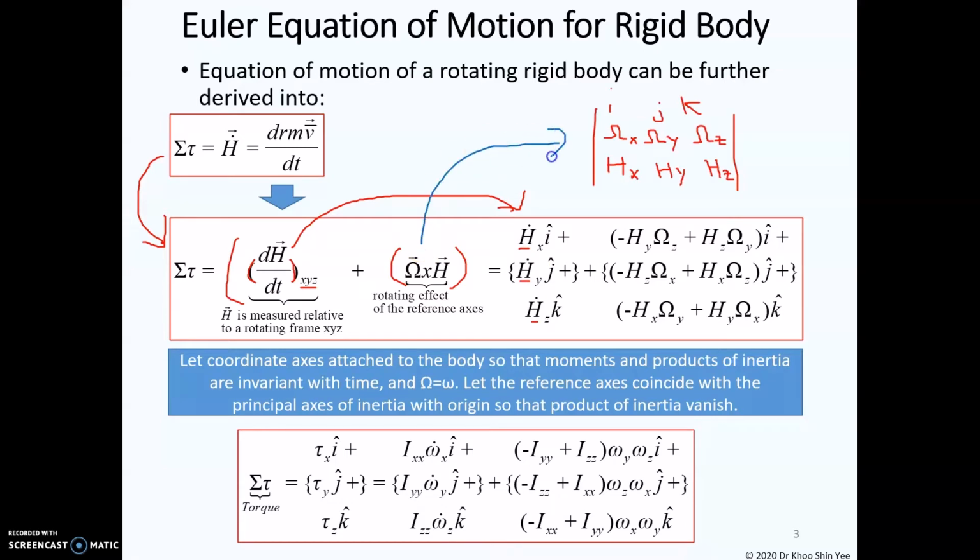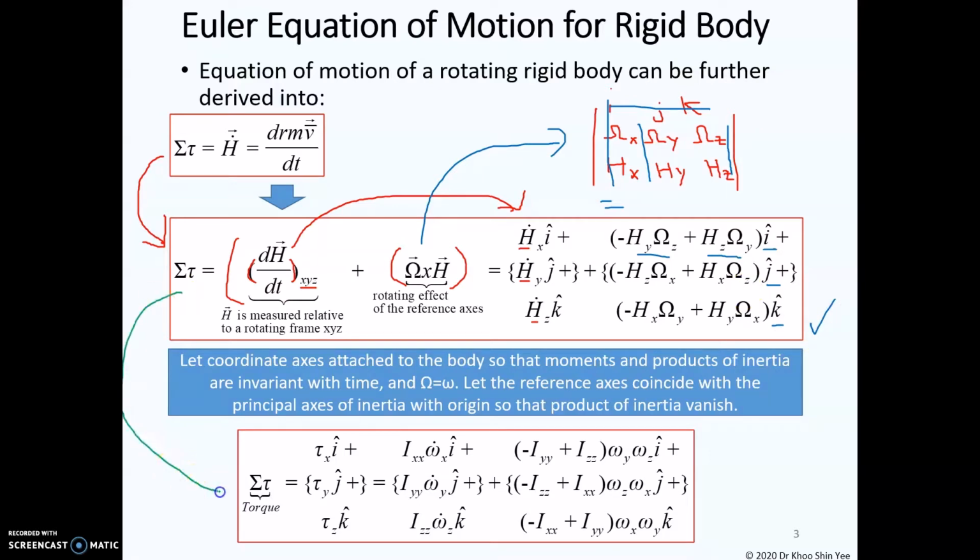If you expand it and calculate the determinant, then at the i direction, you need to cross this row and column, and then take the determinant for this. So Ωy multiplied with Hz gives you this component, minus Hy multiplied with Ωz, which is this. If you repeat for the y and z directions, you should obtain this answer.